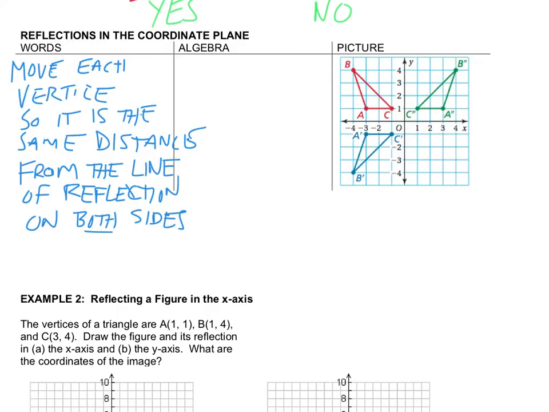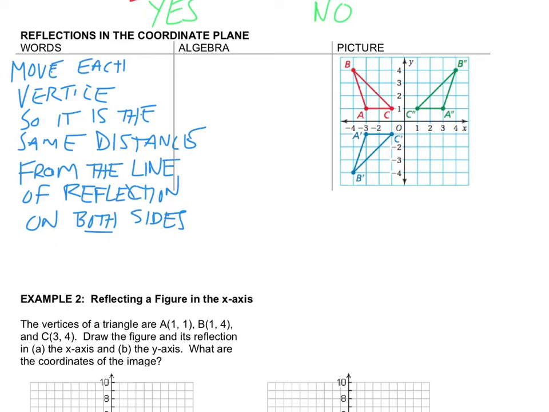So like we did with the translations, this next thing is important to understand how these reflections work. So in words, what we're going to do is move each of the vertices so it's the same distance from the line of reflection on both sides.